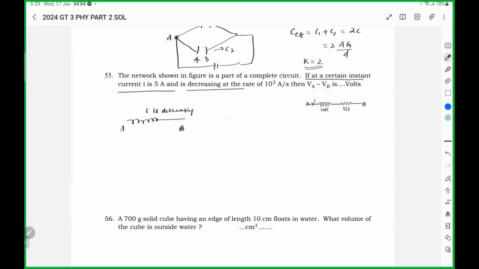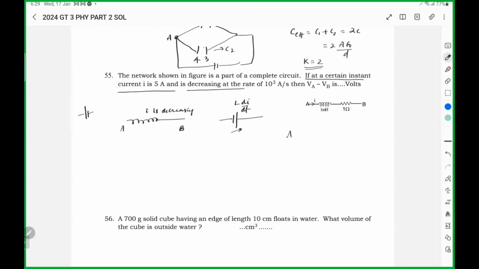It opposes the change. So whenever the current decreases, that is replaced by an EMF that should support it. With L di by dt, there will be an increase in the potential. So if it increases, you have to consider replacing the inductor by this cell.